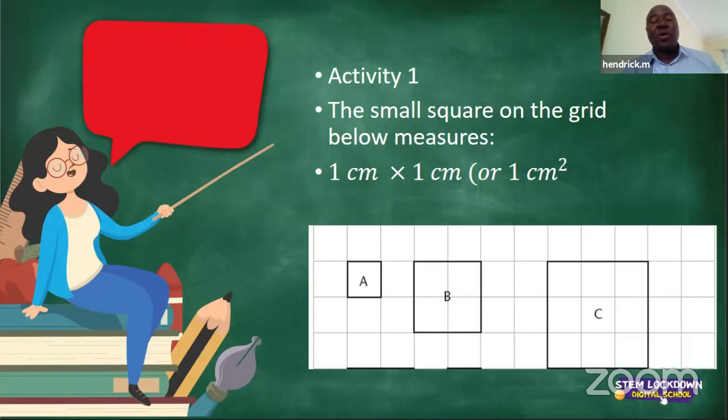That is one side. So the square consists of 1 centimeter each, meaning that the distance around the shape of that square will be 4 centimeters. But if you have to calculate the area of the smallest square, your area will be 1 centimeter multiplied by 1 centimeter, and this gives you 1 square centimeter.